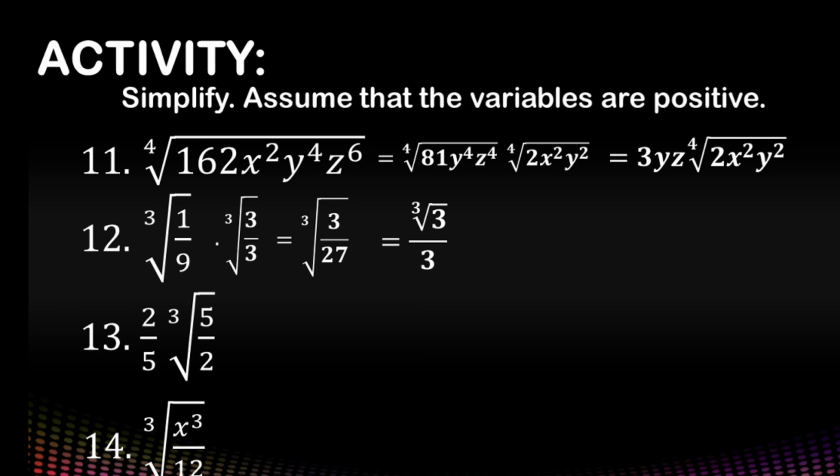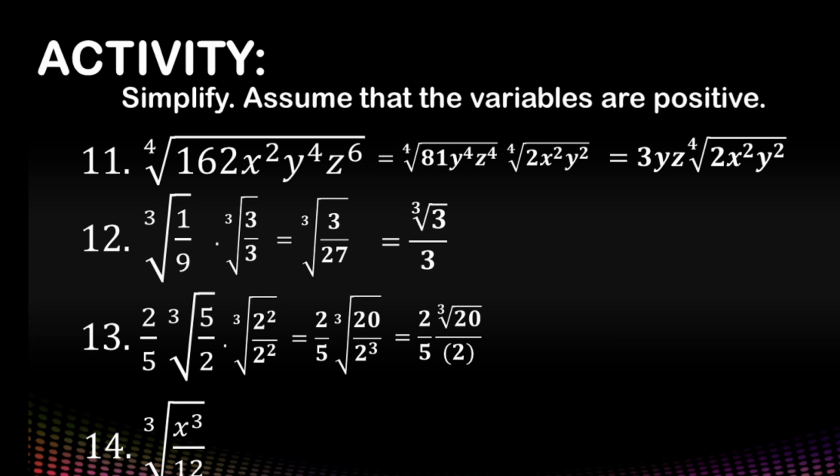Next we have 2/5 times the cube root of 5 over 2. So we need to rationalize again our denominator by multiplying the numerator and the denominator by the cube root of 4, or the cube root of 2 squared. So this will lead us to 2/5 times the cube root of 20 over 2 cubed, which is equal to 2/5 times the cube root of 20 over 2.